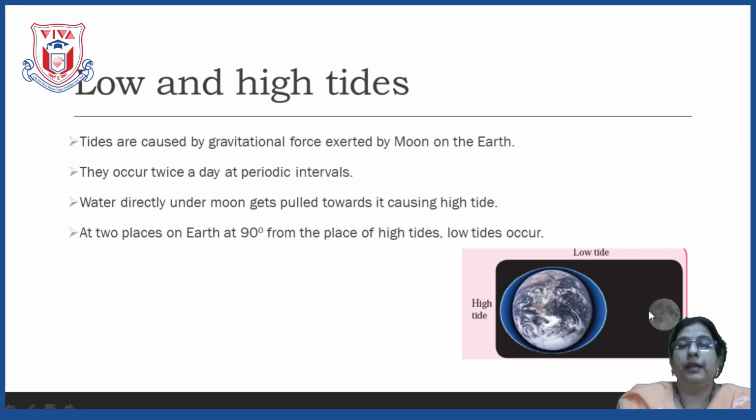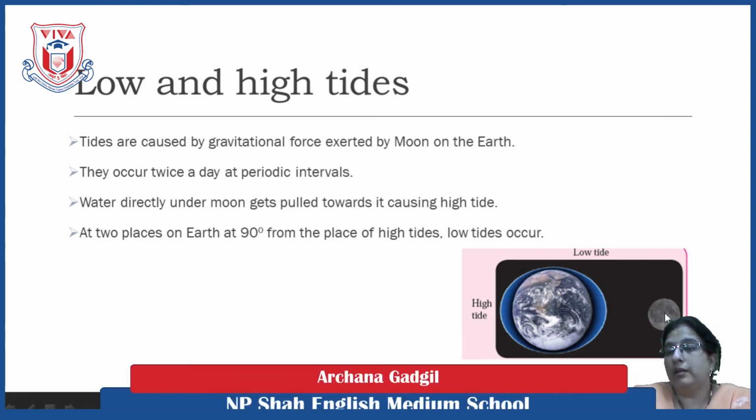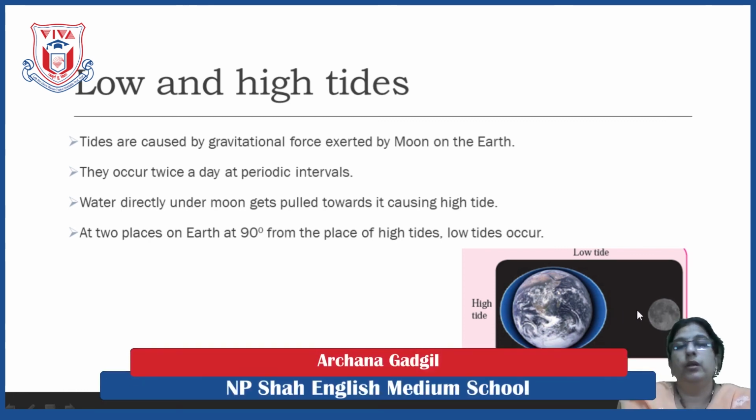Due to the gravitational force exerted by the moon on the earth, what change occurs on the earth? The water which comes just below the moon directly increases its level.